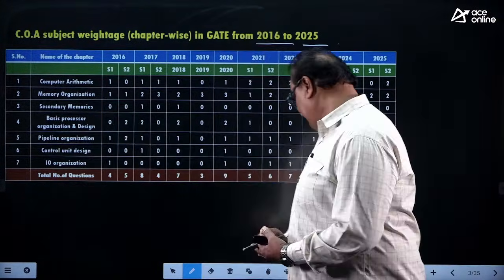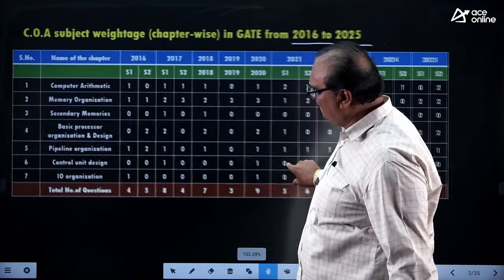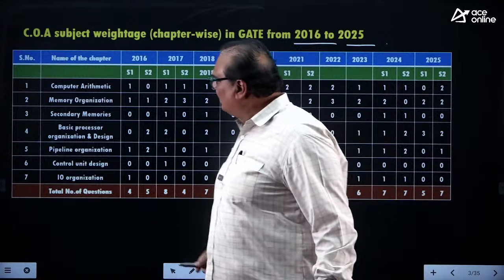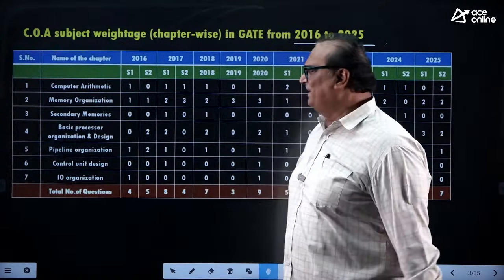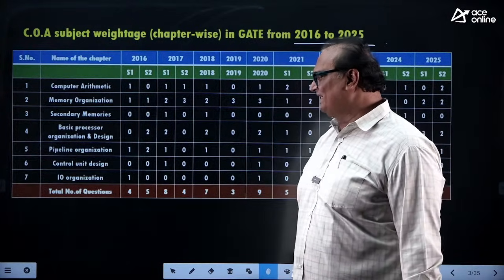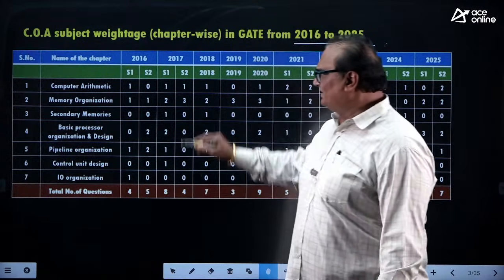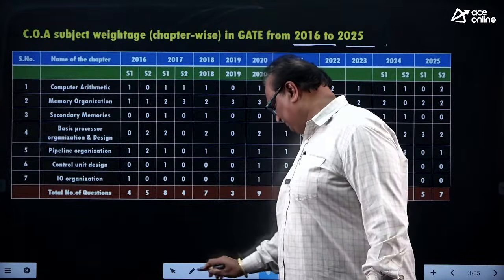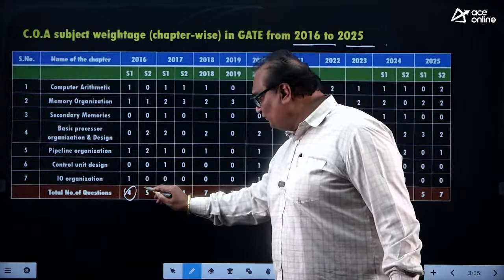First, computer arithmetic. Watch carefully: computer arithmetic, memory organization, secondary memories, basic processor organization design, pipeline organization, control unit design, IO organization. Here are the total numbers of questions. In 2016, 4 questions. 2016 set 2, 5 questions.